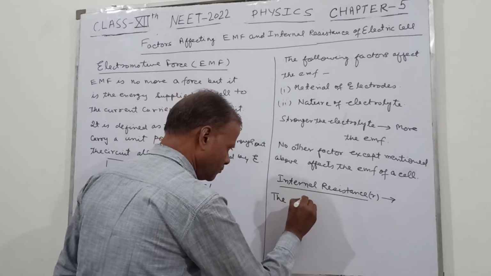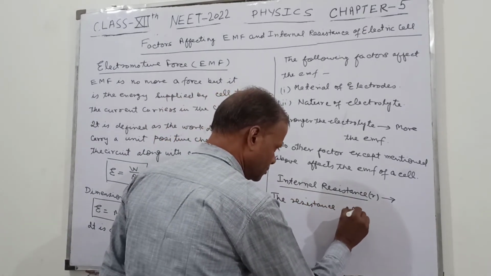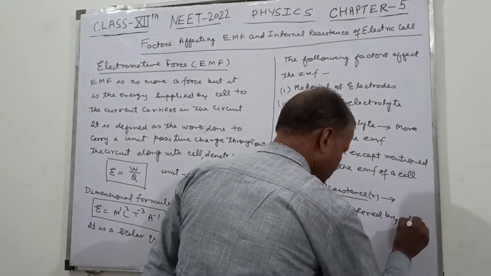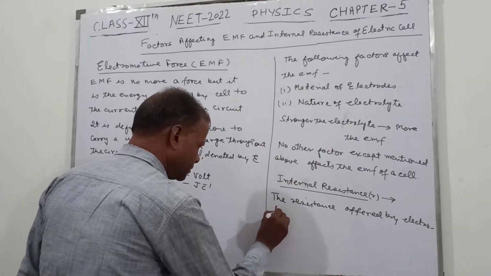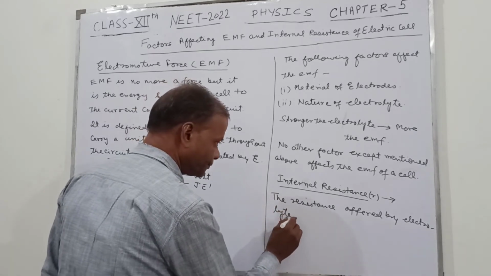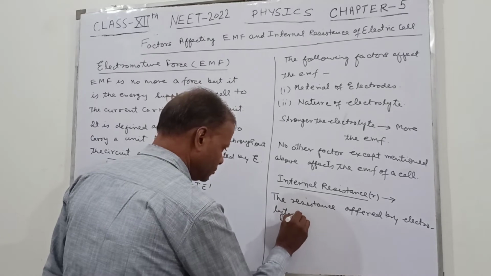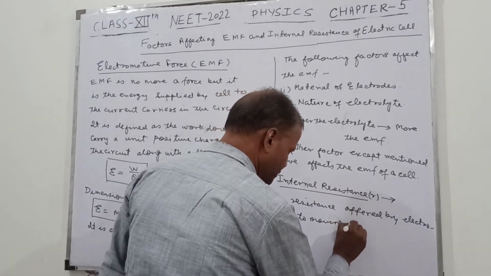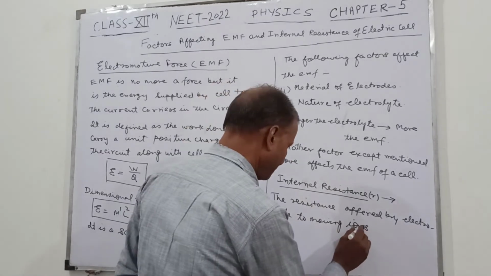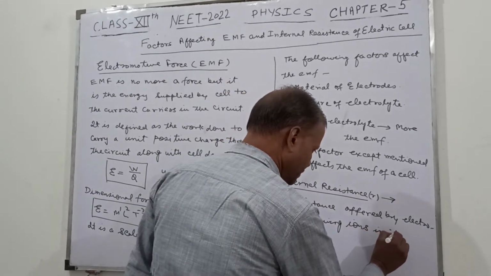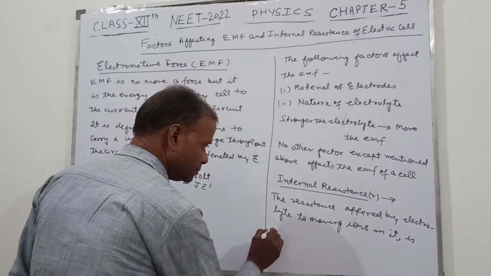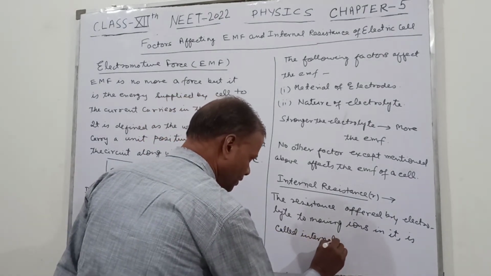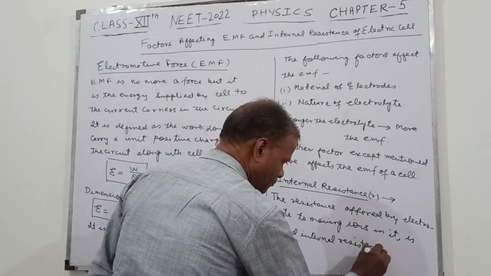The resistance offered by the electrolyte to moving ions is called internal resistance.